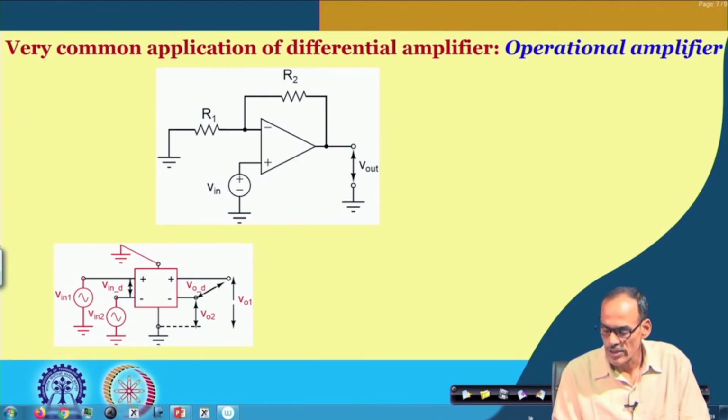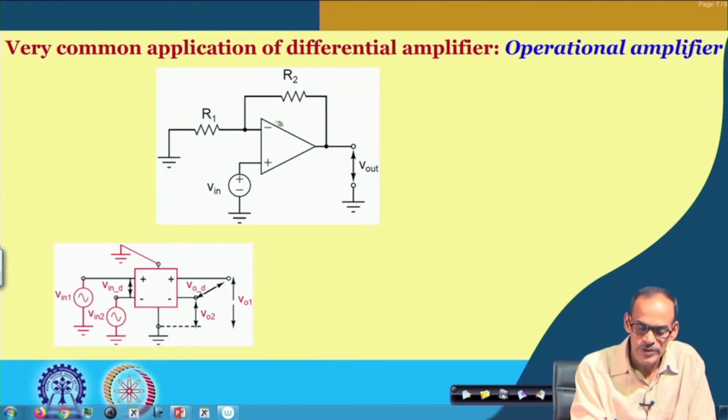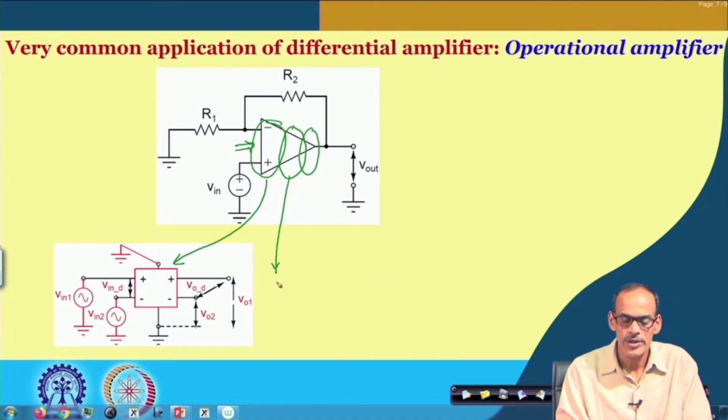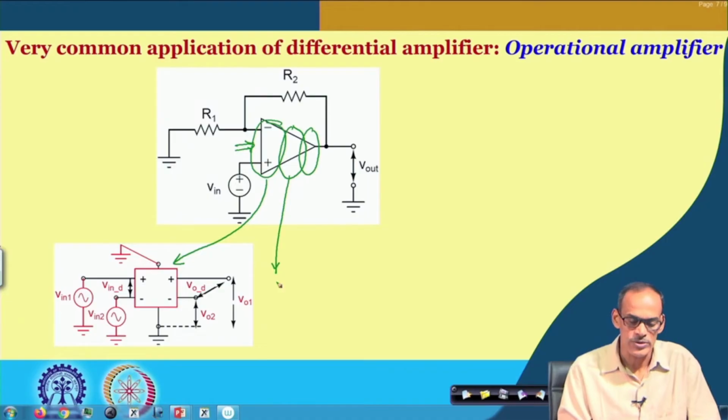So, to summarize, within the op amp, at least the first part, the port if you see, is differential. In fact, inside it may have multiple stages, and the first stage is a differential amplifier. The second stage may be similar to a differential amplifier, but a special variant of it.